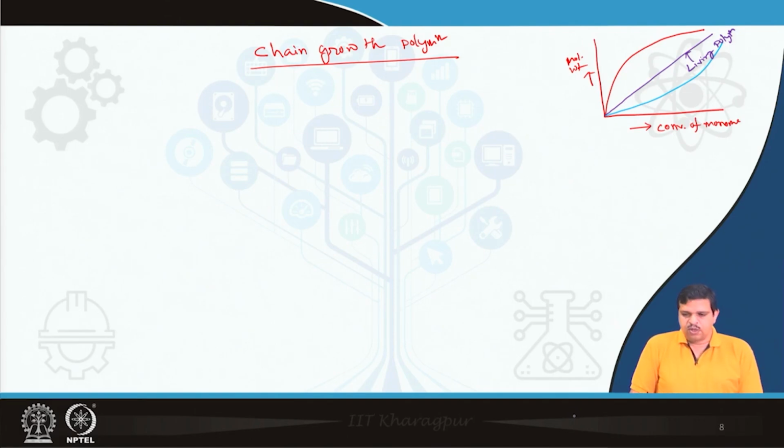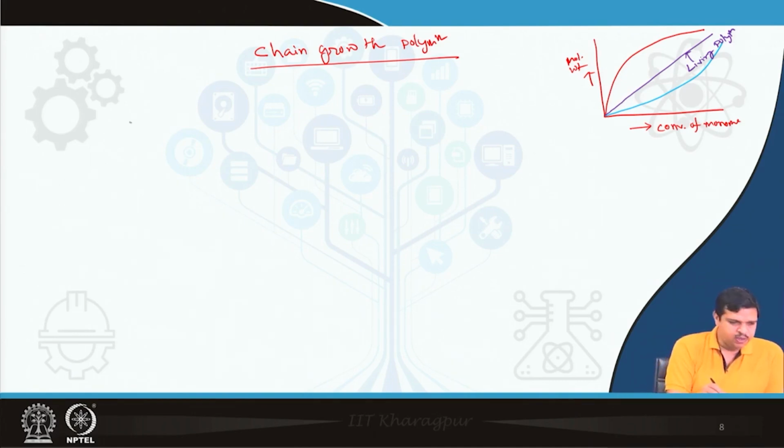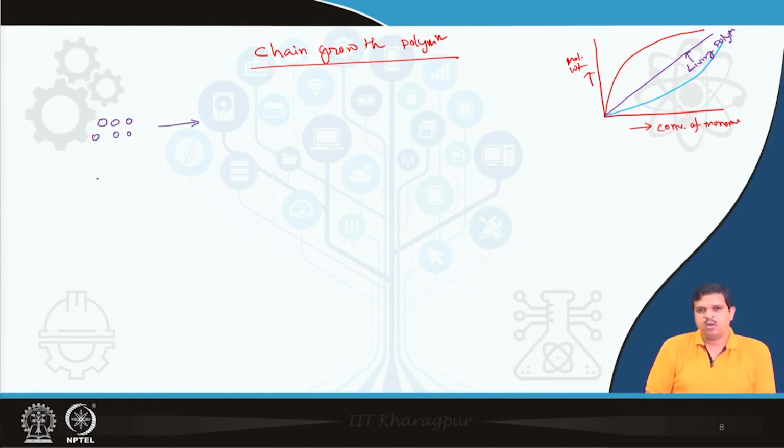Okay. So, let us understand what chain growth polymerization is. As I told you, if you have a lot of monomer, the monomer need not be highly reactive, but I have to make it reactive by reacting it with some initiator.